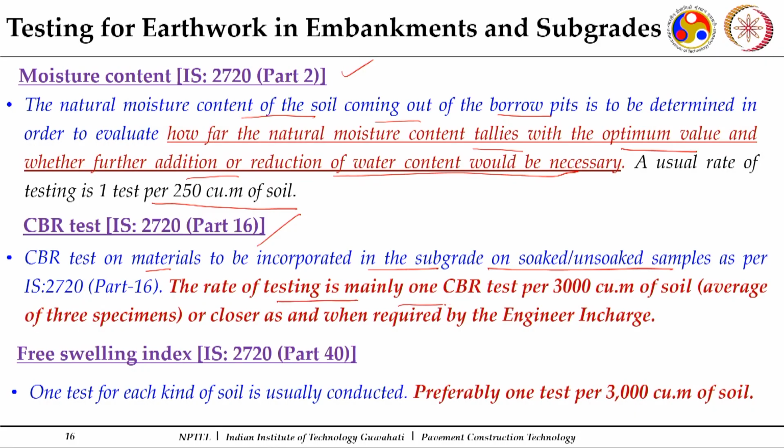The rate of testing is mainly one CBR test per 3000 cubic meter of soil. This is an average, or closer, when required. Even he can feel that he needs to do 2 tests, or one test every 2000 cubic meter of soil, because of a lot of variability.